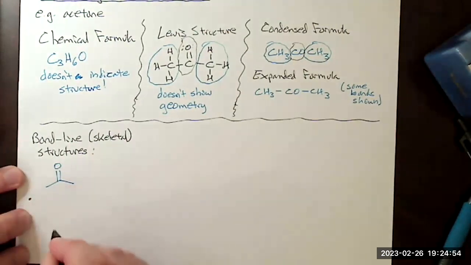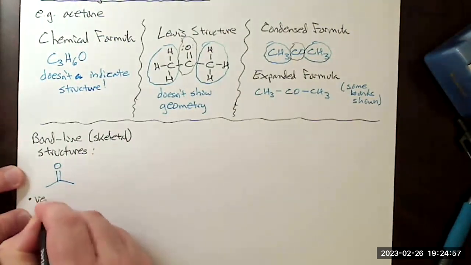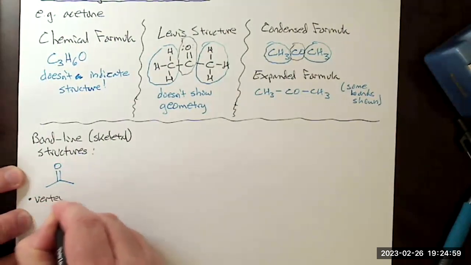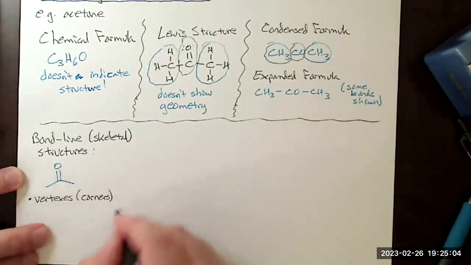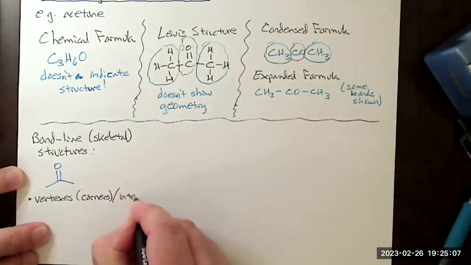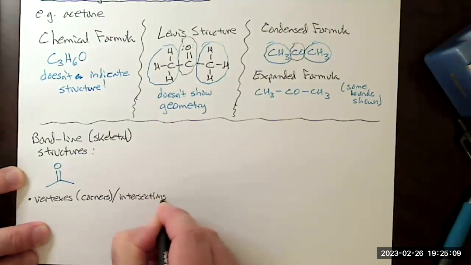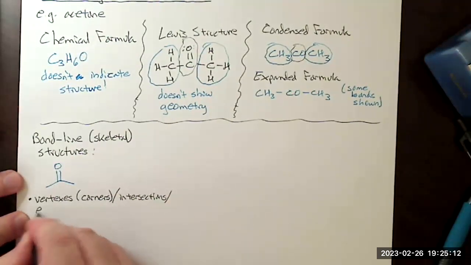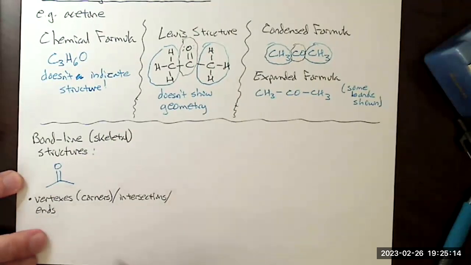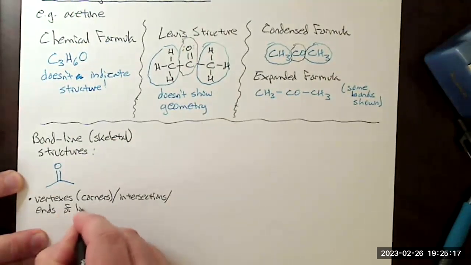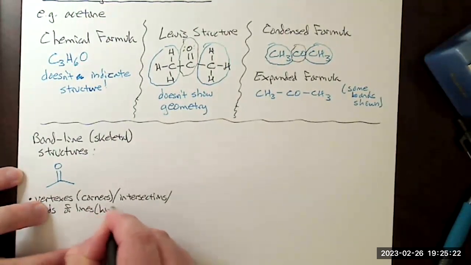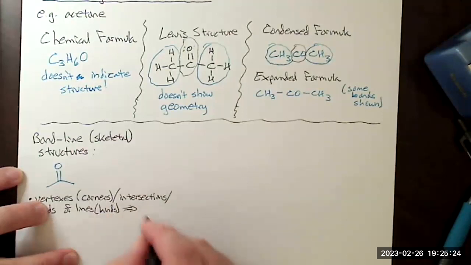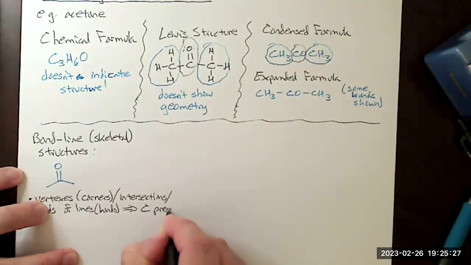Every time we have a corner, a vertex, or an intersection of two lines, or ends of lines, we have a carbon present.